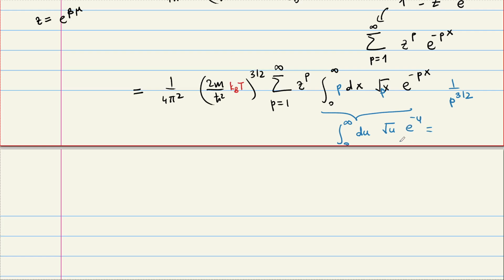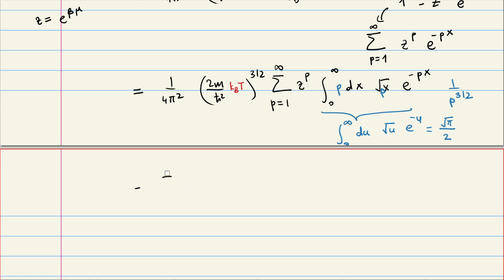If you plug this in Mathematica, it gives you a gamma function. The nice thing about Mathematica is you don't need to know the gamma function; it just integrates these standard things. And the final expression is root pi over 2 times some.